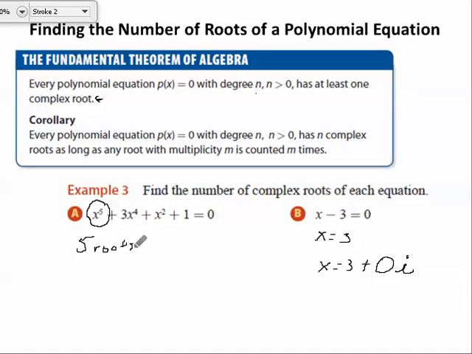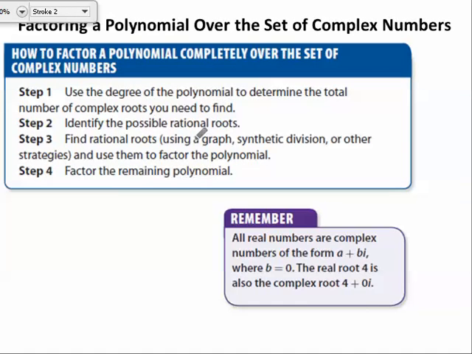This one says find the number of complex roots in each equation. Because this is to the 5th power, there are 5 roots. Because this one was to the 1st power, there is 1 root, and there it is right there. That's how you do these types of problems.